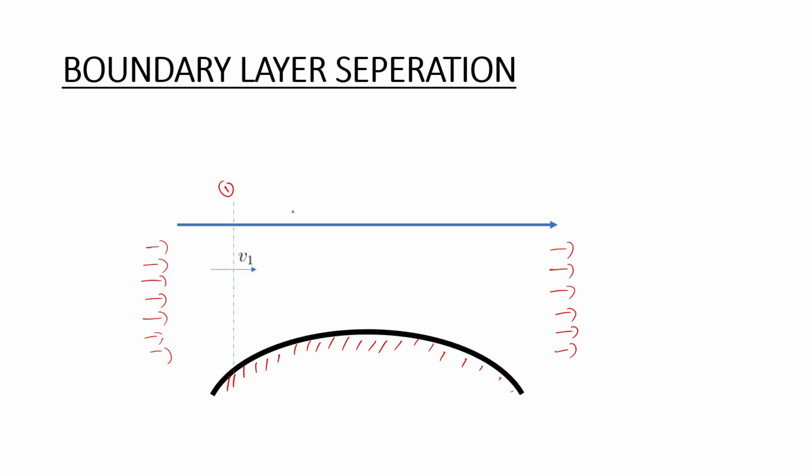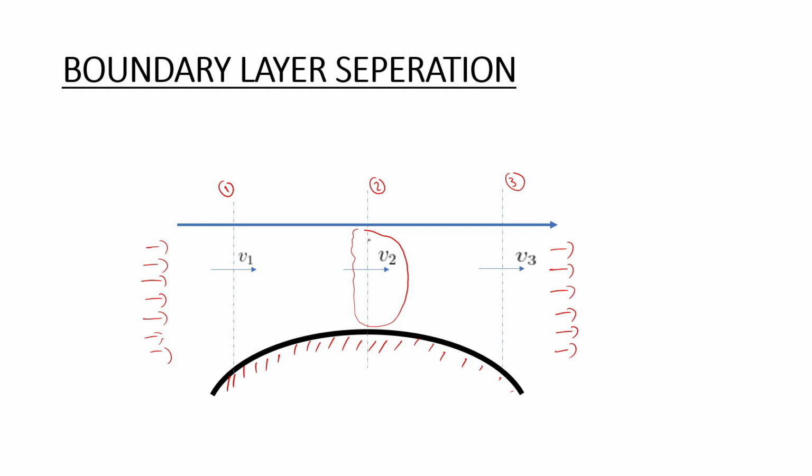Now we are taking three sections. One where the velocity is v1, two where the velocity is v2, and three where the velocity is v3. If you look closely, you can see that the area of cross section here is the minimum.